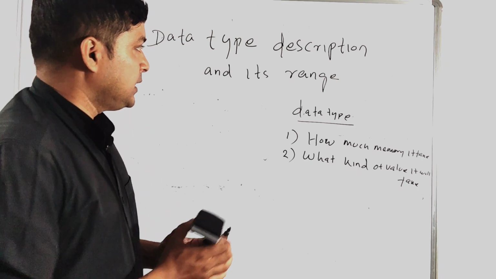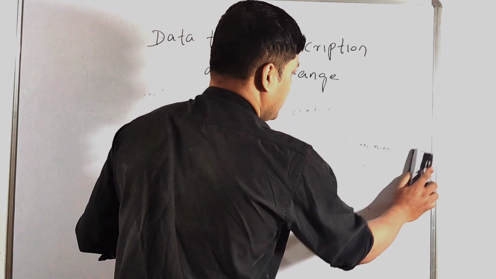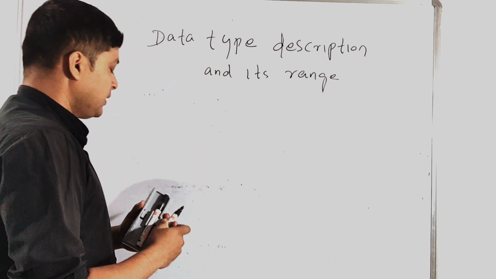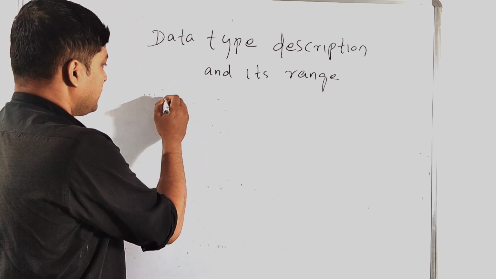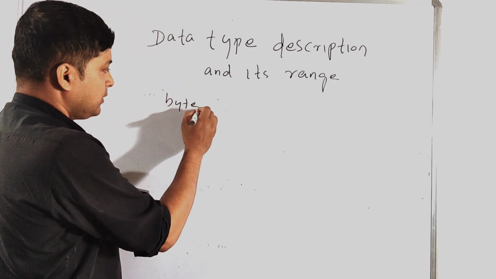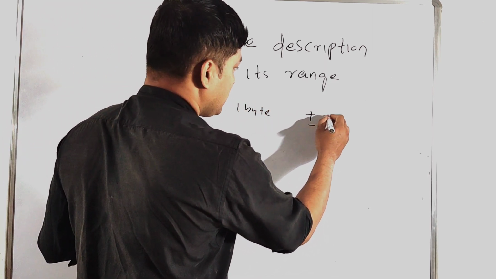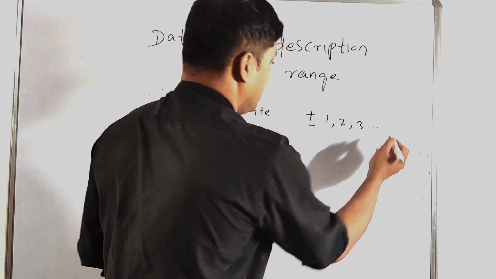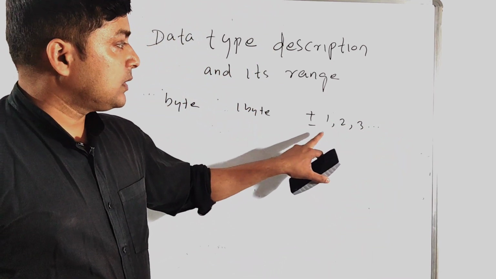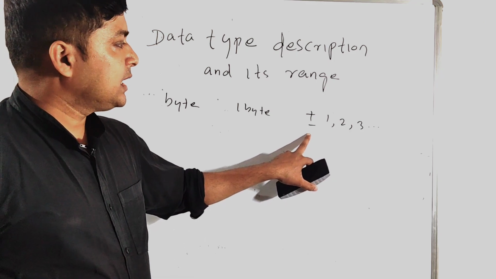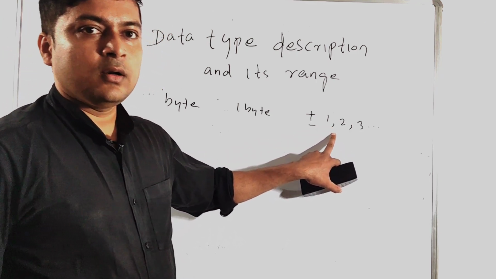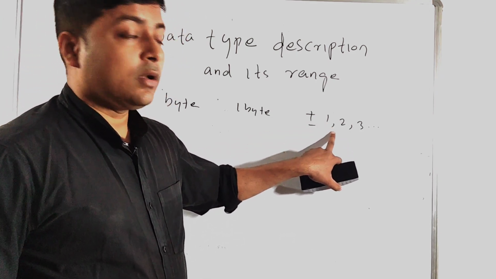Now the next question is about range. Suppose I am writing that byte is 1 byte and the value is plus minus 1 2 3 dot. What do we mean by plus minus 1 2 3? Plus minus means we can take either a positive value or a negative value.